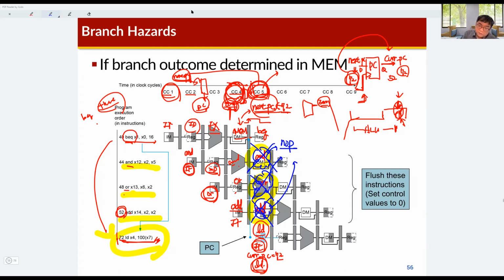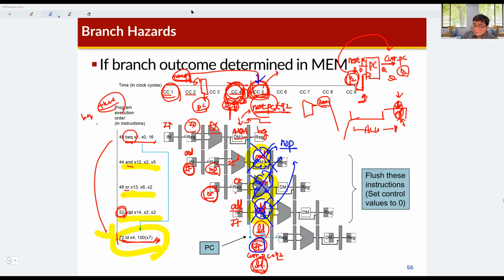So if you see just this clock cycle number 5 in the stages of the pipeline, you can find that there are 3 bubbles, and then the branch instruction is in the write back stage, and the target of the branch instruction is in the instruction fetch stage. So there are 3 bubbles.